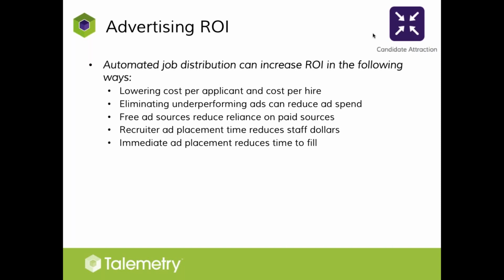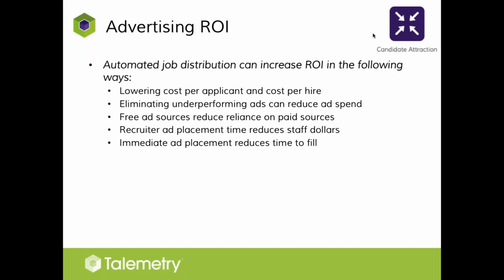So if you have in your organization automated job distribution, you're going to be able to increase your return on investment because of a number of reasons. Number one, it's going to lower your cost per applicant and your cost per hire. It's going to eliminate pushing out to ads that just don't perform or sources that don't perform, right?